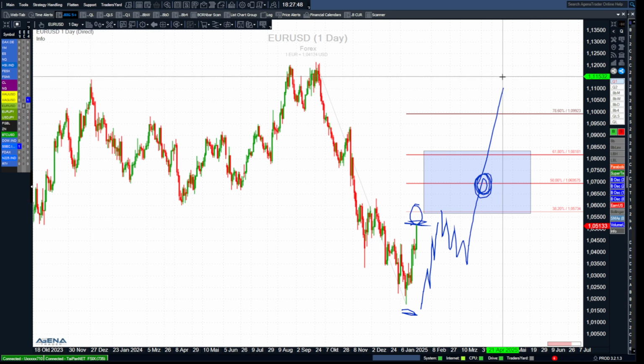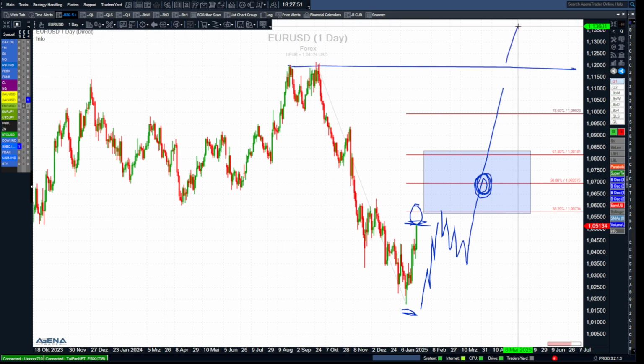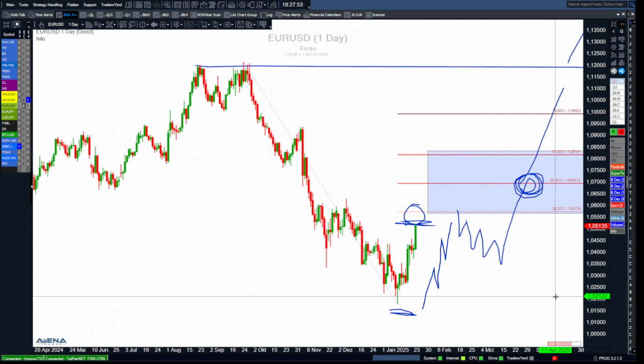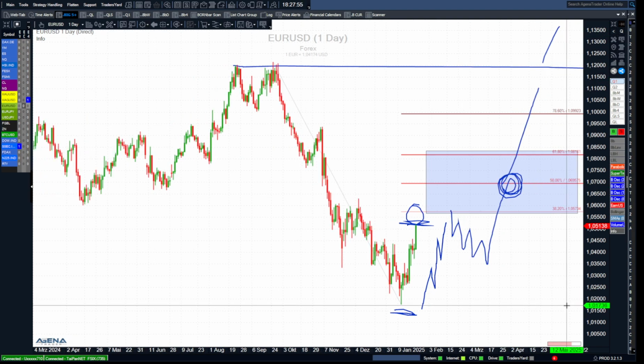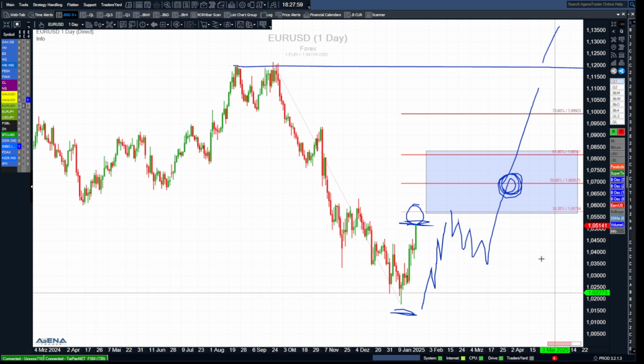As I said before, we have a good chance that the market will continue. So one of the worst situations is that the market is only proceeding to roughly this area.